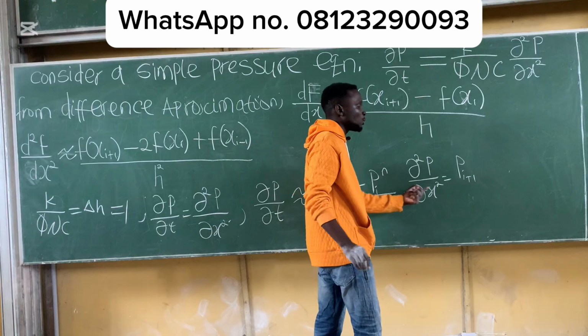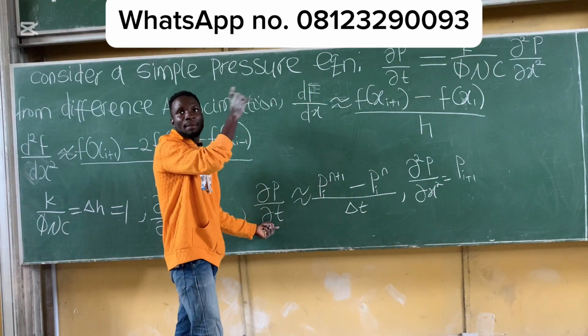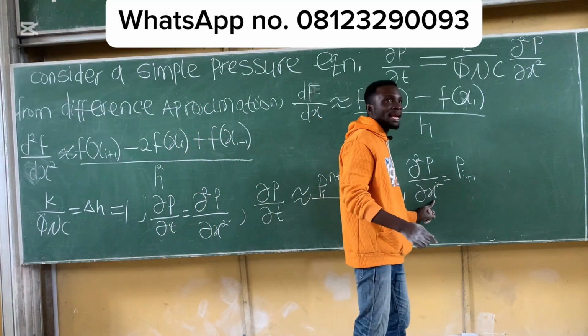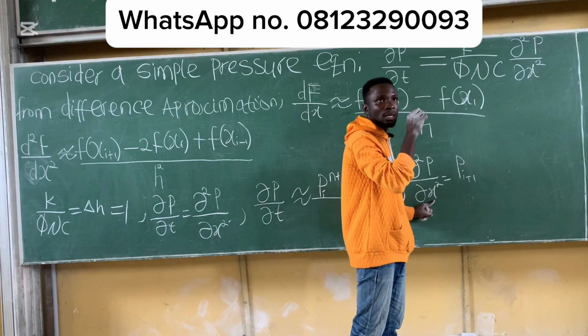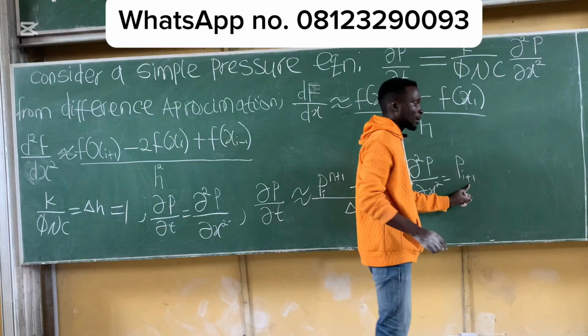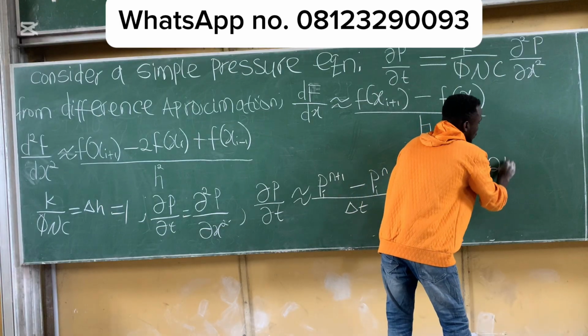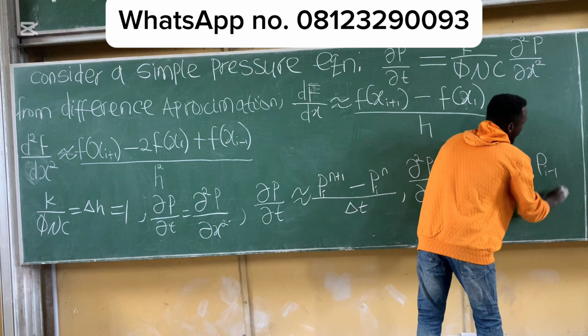Now, the reason why we use i plus 1 is that remember, the earlier one is time, and time has to deal with time level. Now, x has to deal with the location in space. So instead of using n here, here will become i plus 1, then minus 2Pi plus Pi minus 1.